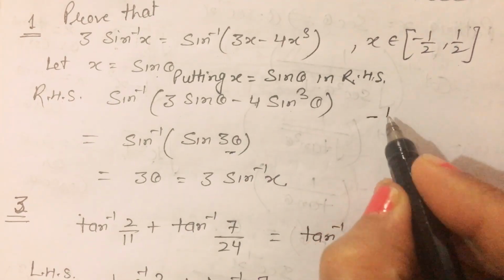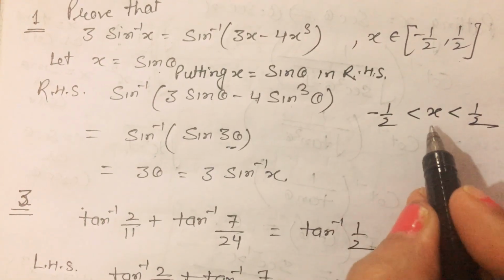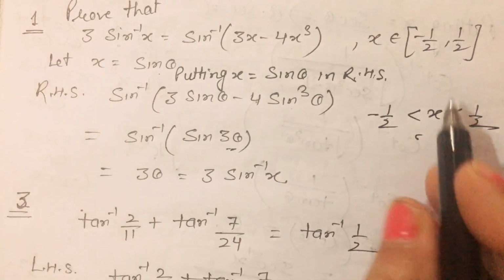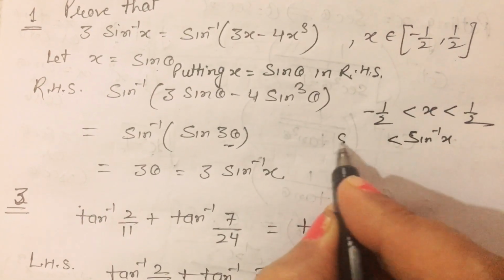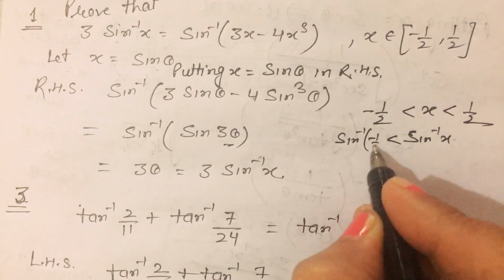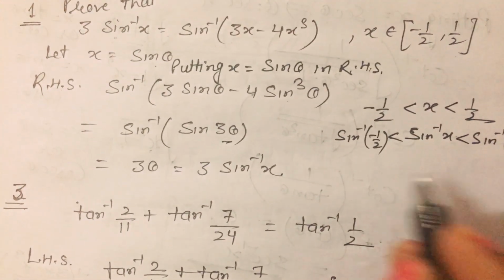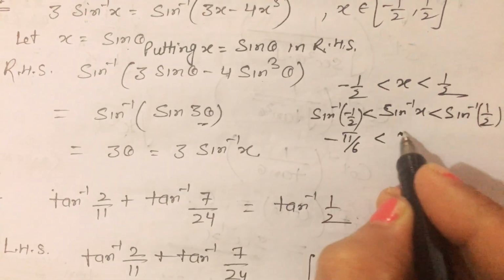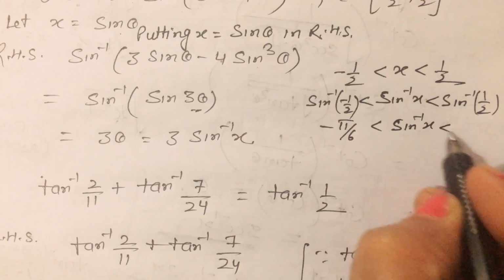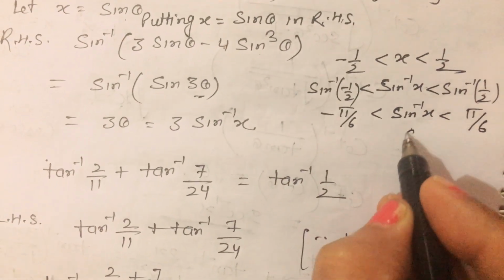If x is from minus 1 by 2 to 1 by 2, then sine inverse x will lie from sine inverse of minus 1 by 2 to sine inverse of 1 by 2, and we know that this value is minus pi by 6 and this is pi by 6. This is theta, which we have taken.